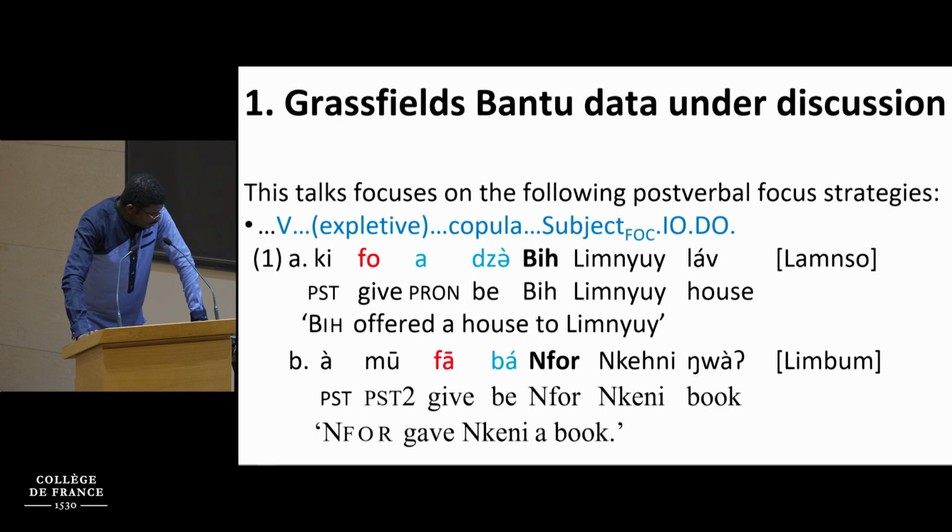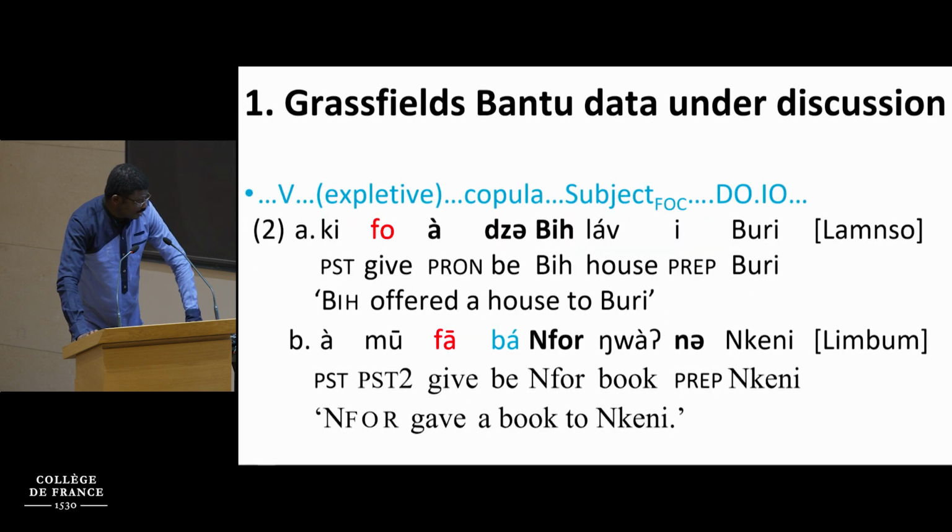In 1B, in Limbum, what you get is the copula, but you don't have any pronoun. So that is the first strategy to focus the subject, and then the subject is followed by the other arguments. Then I will move on to the next strategy.